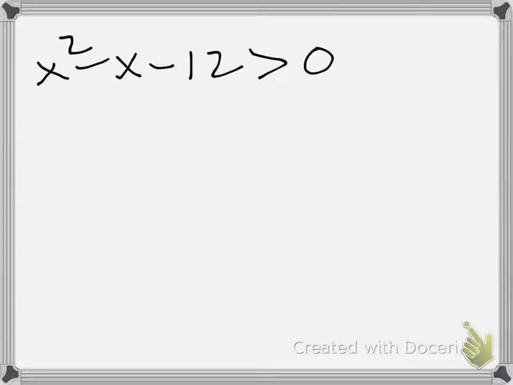Now, if they just give you a quadratic, okay, and they want to know, hey, what are our answers here? Couple ways you could do it. One, you could physically graph it on your graphing calculator. Okay? You could actually put into the y equals box, you could put this in.